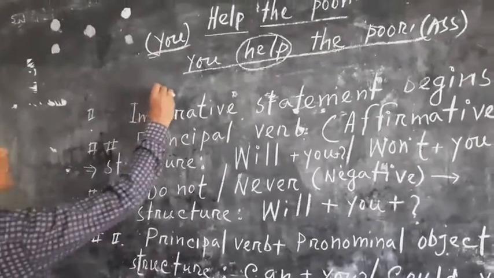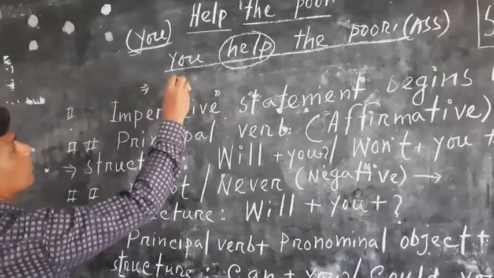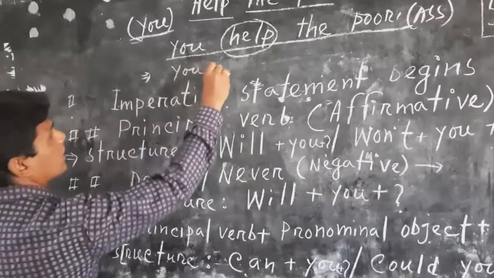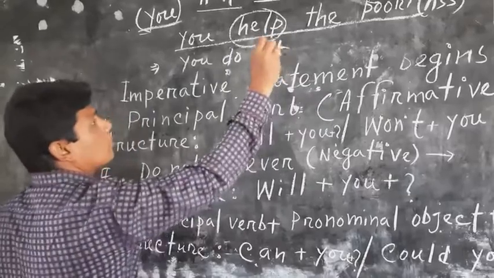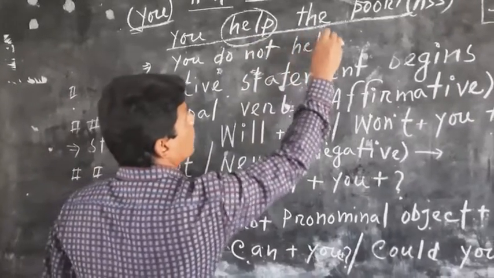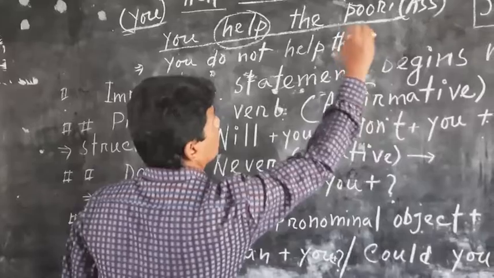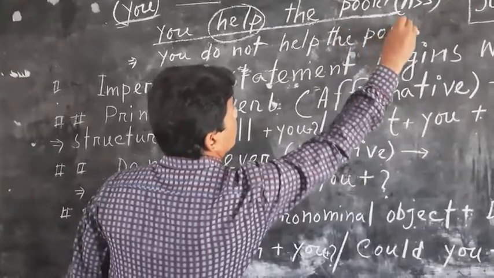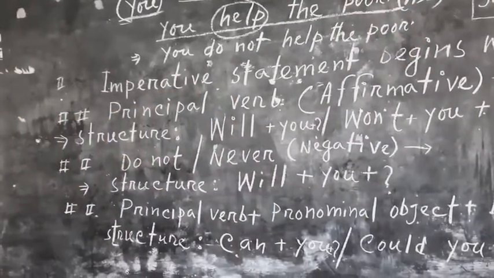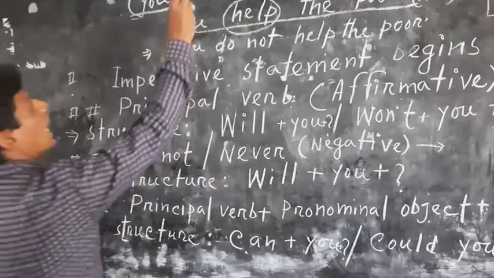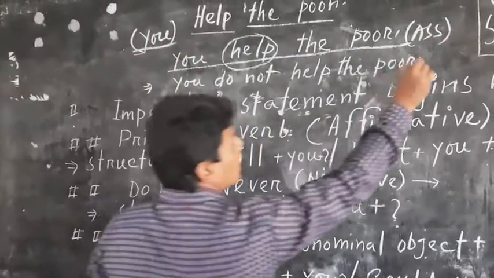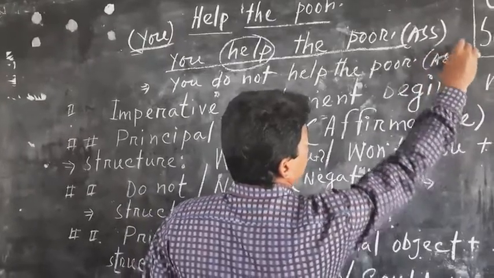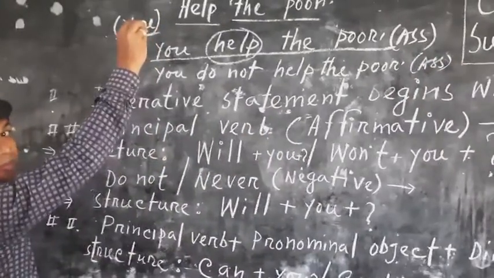If we make it negative, the form or pattern of the sentence is such here. It is also an assertive sentence, but in negative form.